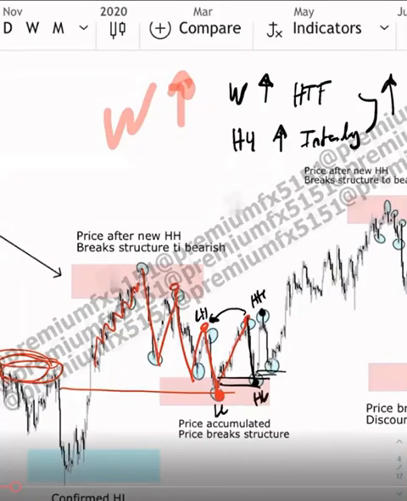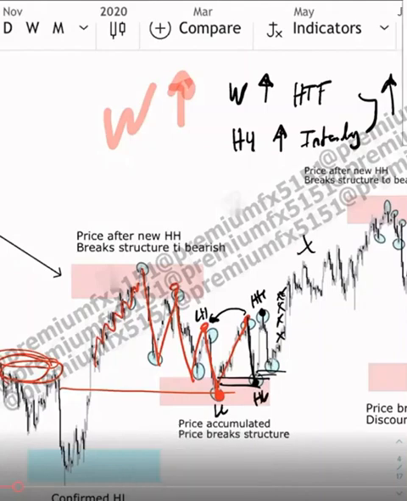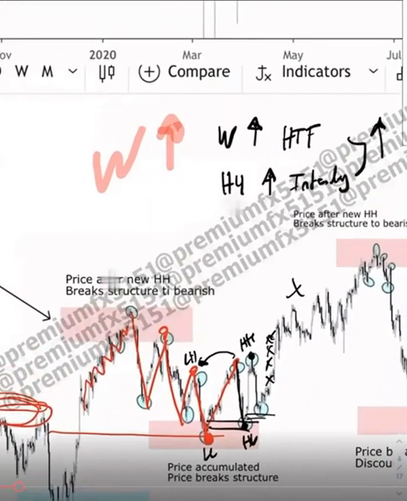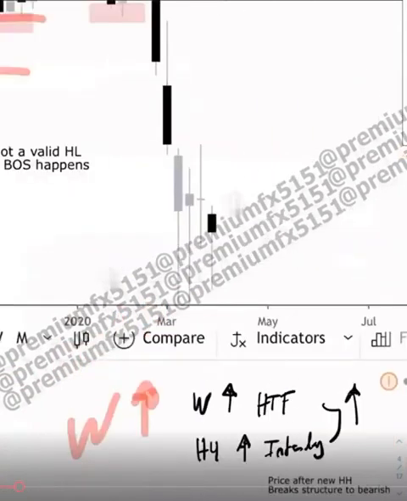And now with my buys, I'm not going to get out here, let's say here, here, or here, or here. I'm going to be getting out when a new higher high is created, because overall, when we go to my higher time frame, I'm going to be buying right here.